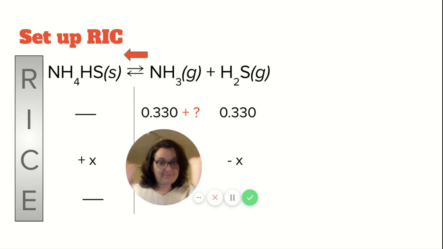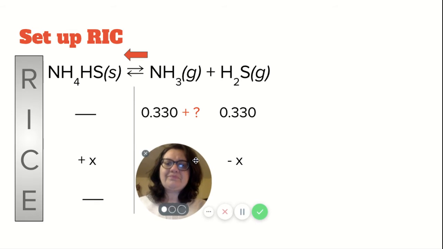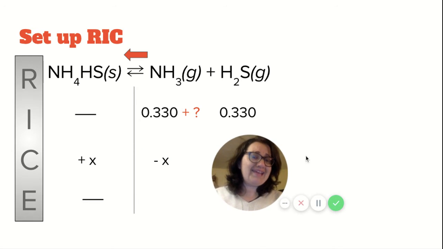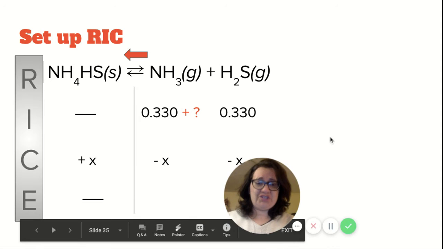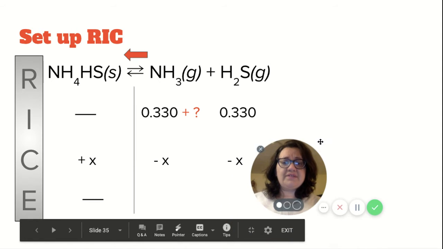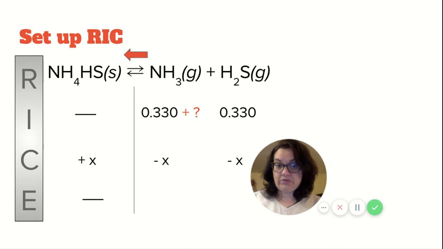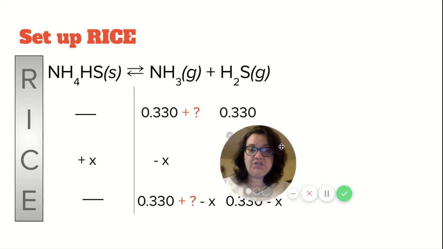So think about it. That would look pretty weird. You add a gas to a system that has stopped changing and it starts to create a solid at the bottom. So I don't know how much has been added. I know the direction of the shift. I know that it's going to go to the left, therefore there's going to be less than 0.33 of the H2S.